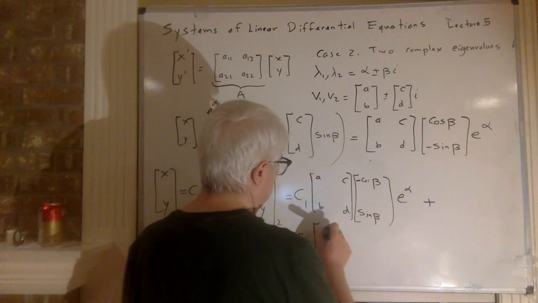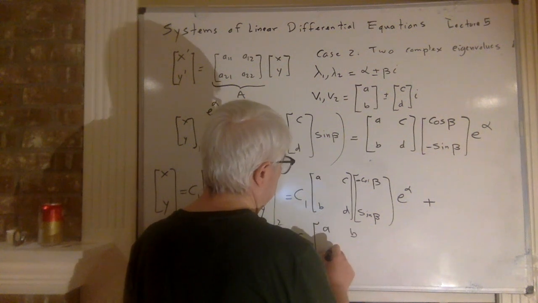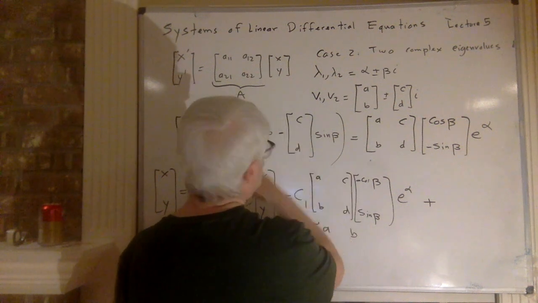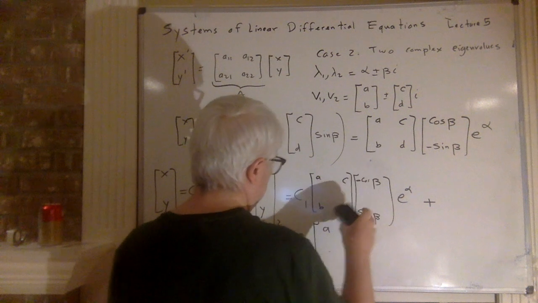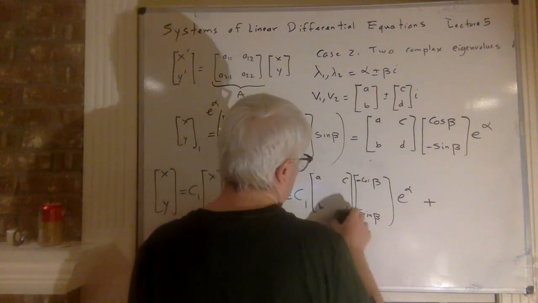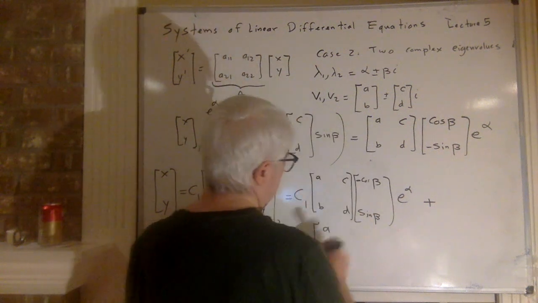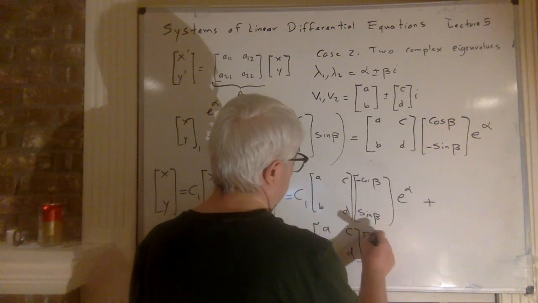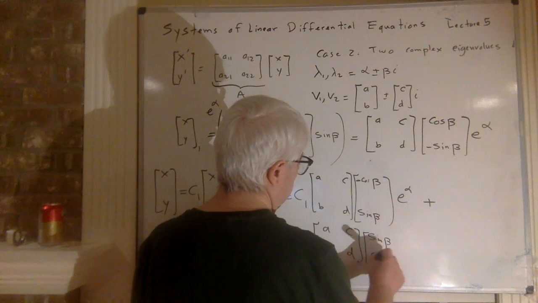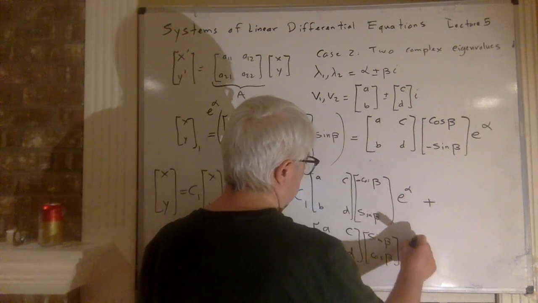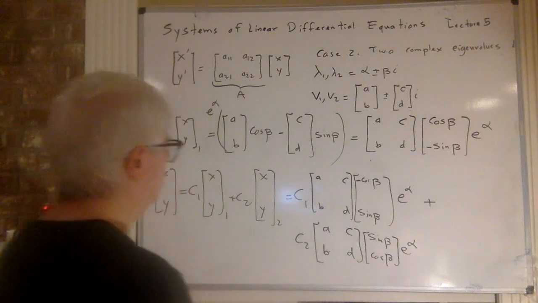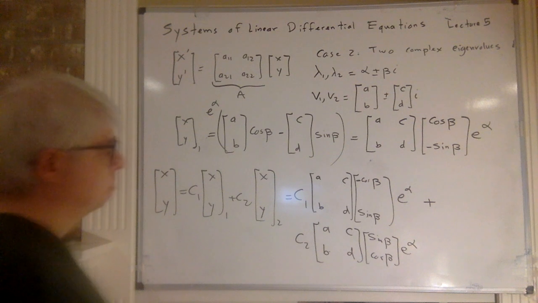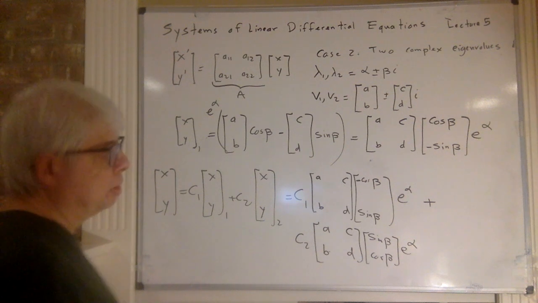C2, A, C, B, D, sorry. A, C, B, D, whatever it be. And that was sine beta, cosine beta, e to the power alpha. Okay? So that is the complementary solution.